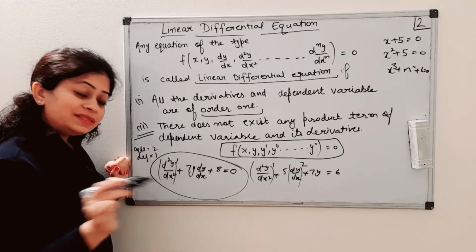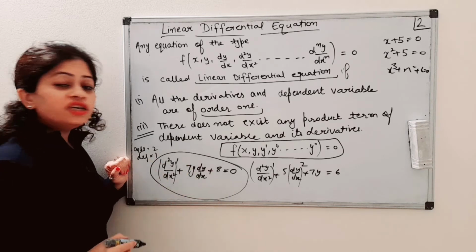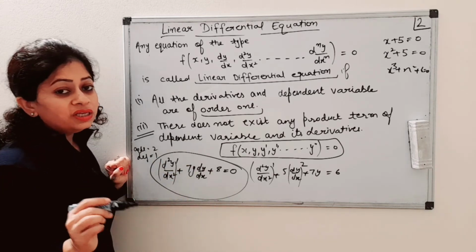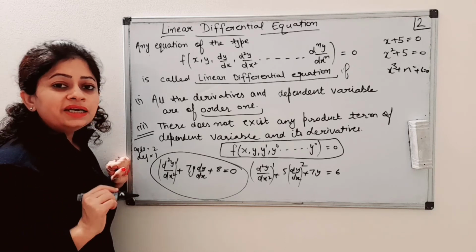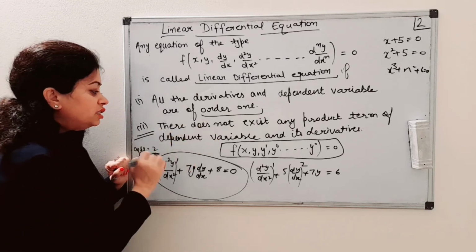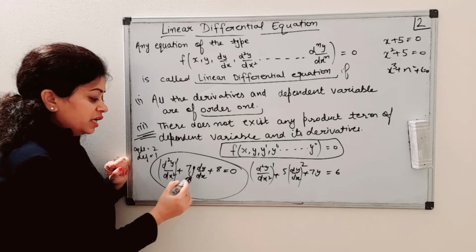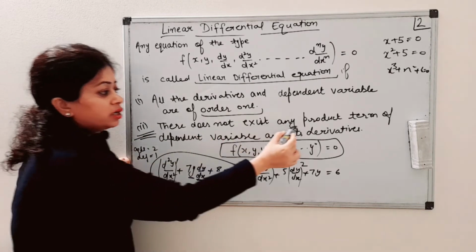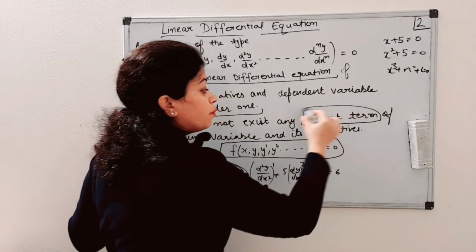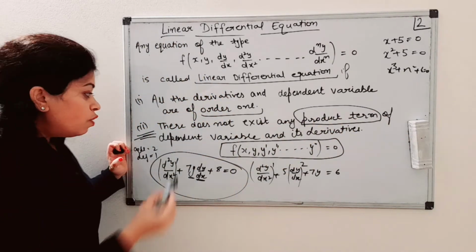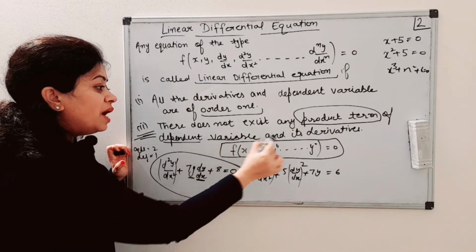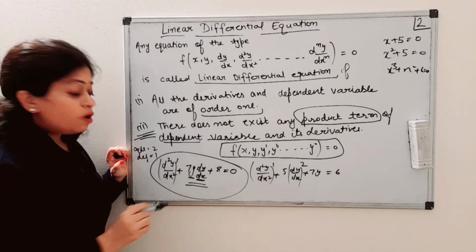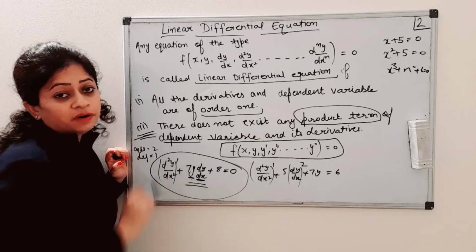But is this ordinary differential equation linear? No, this is not linear because it does not satisfy second condition. What is second condition? We should not have product term of dependent variable and its derivative.